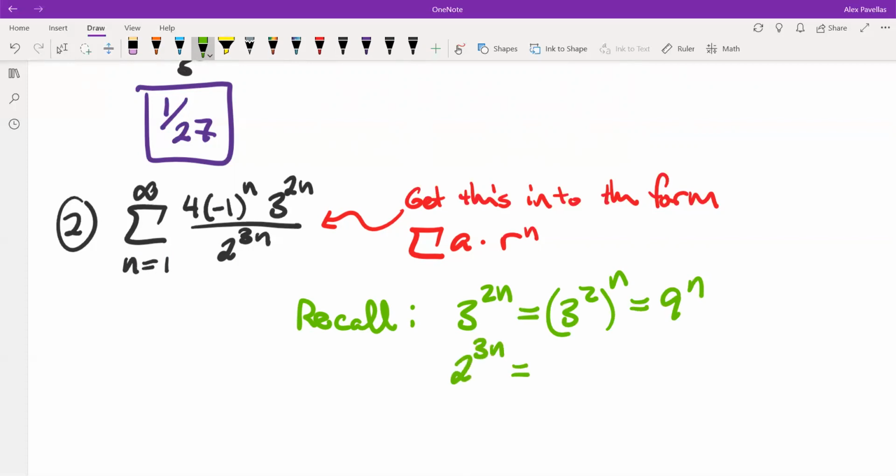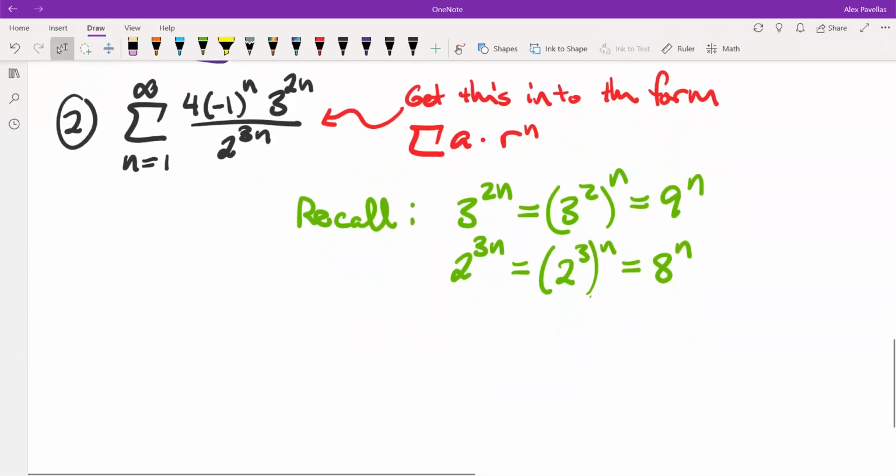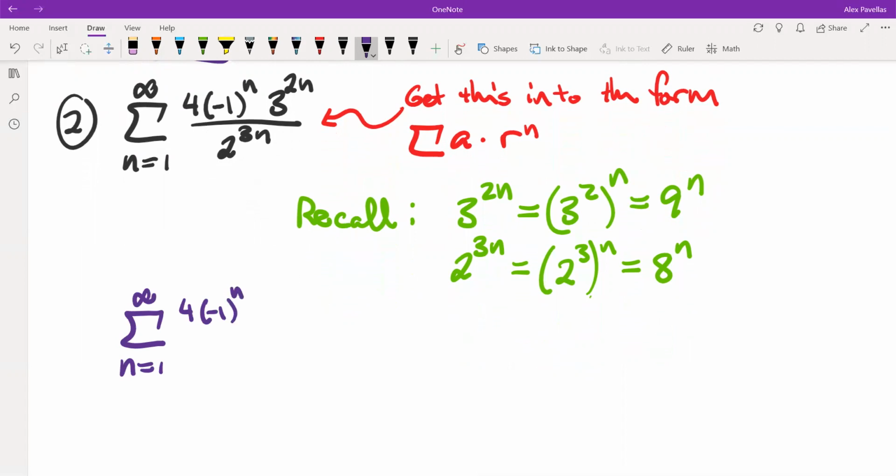So 2 to the 3n is the same thing as 2 cubed raised to the n, and what's 2 cubed? 8 to the n. And so we can simplify this a little bit, and now our sum looks like this: n goes from 1 to infinity of 4 times negative 1 to the n times 9 to the n over 8 to the n.